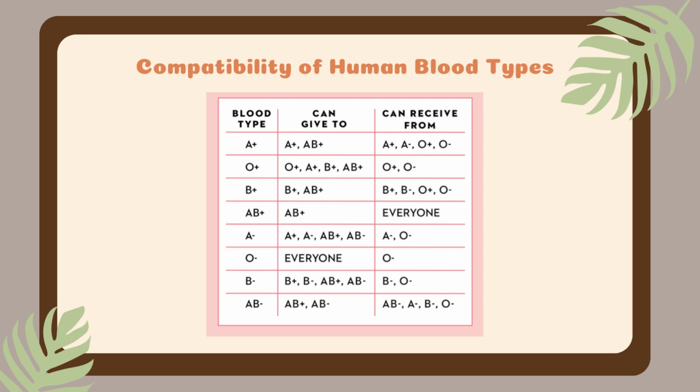If you have the blood type of B plus, you can receive blood from B plus, B negative, universal positive, or universal negative. So always consider the independent and our universal blood.